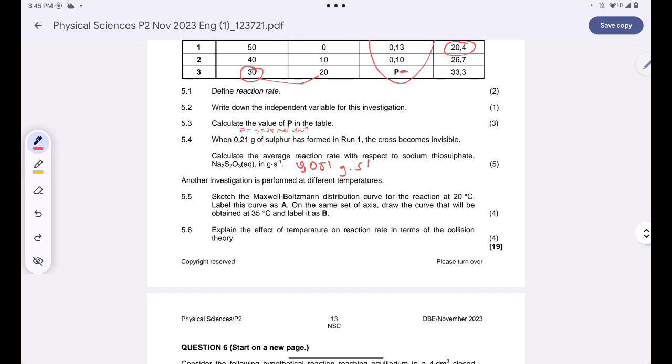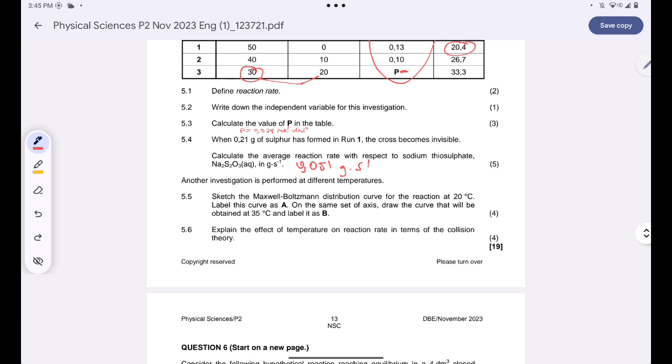Okay, another investigation is performed at a different temperature. Sketch the Maxwell-Boltzmann distribution curve for the reaction at 20 degrees. Label this curve as A. On the same set of axes, draw the curve that will be obtained at 35 degrees.